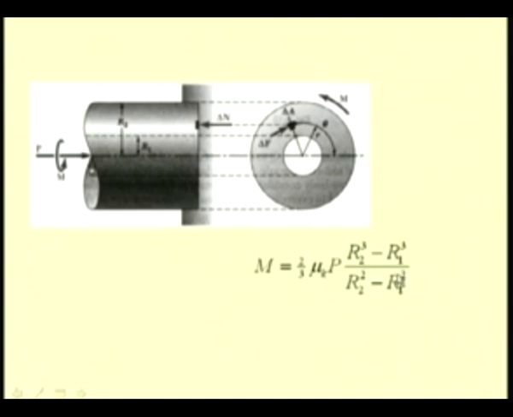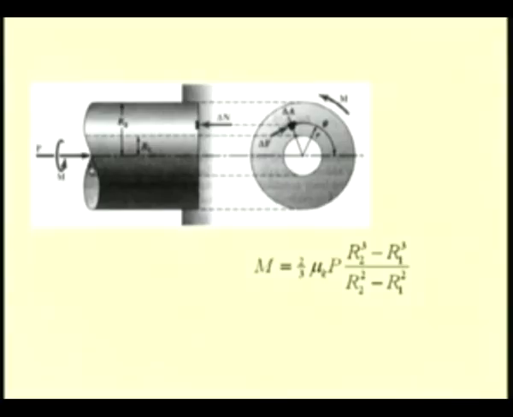So, this is the moment that has to be overcome in order to keep this shaft in the rotating condition. If we consider the shaft to be a solid shaft, that is R1 is 0, then we have the moment that has to be overcome as 2/3 mu k P times R.